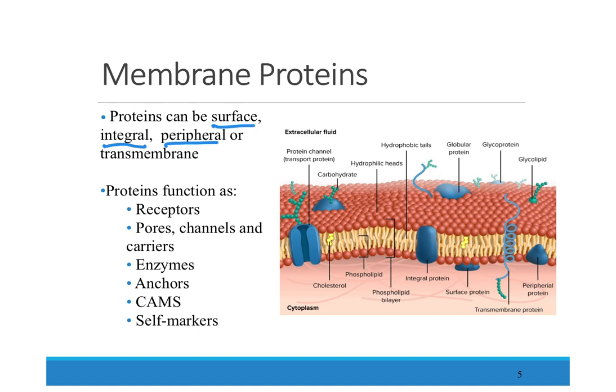Or they can be sticking out on both sides, and they're called transmembrane in that case. So looking at this illustration, we see a surface protein down here, an integral protein here, and a transmembrane protein and a peripheral protein. So those are the four illustrations. Again, here's our lipid bilayer and a little cholesterol molecule.